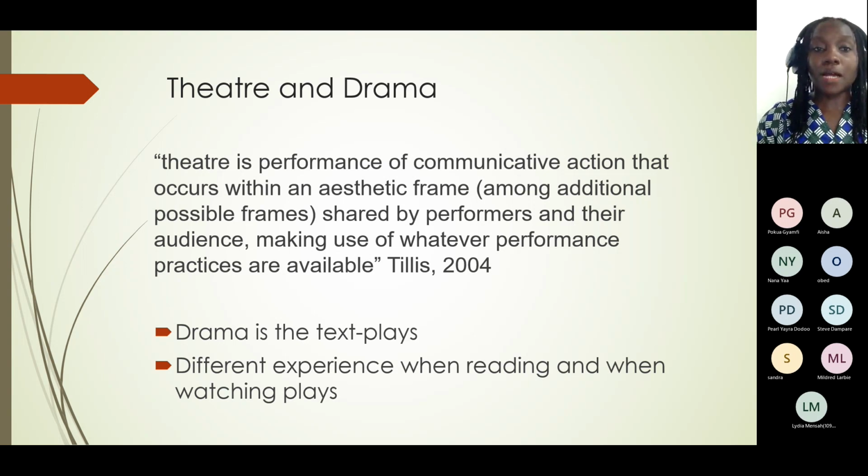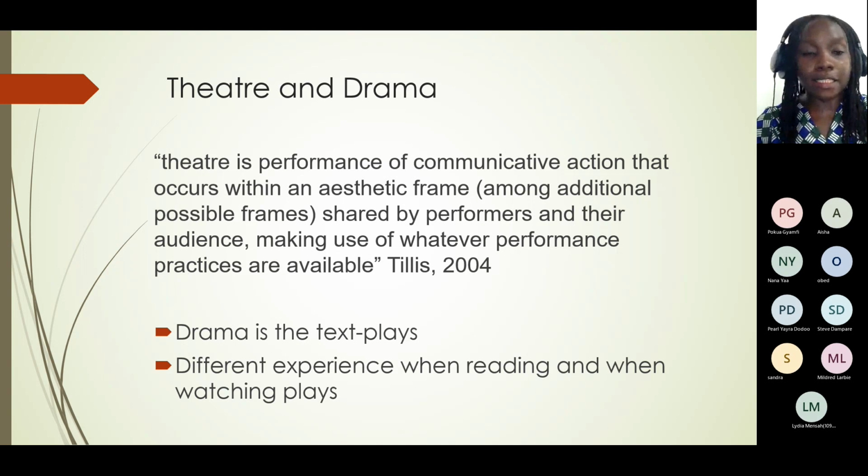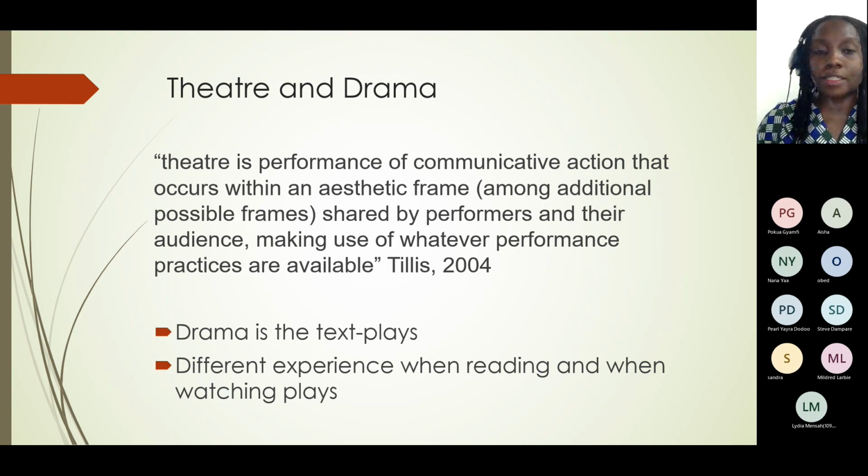But theater, as we have come to know it in its conventional form, creates an artificial community where you have the actors on stage on the one hand representing characters, and then you have the audience on the other hand watching.